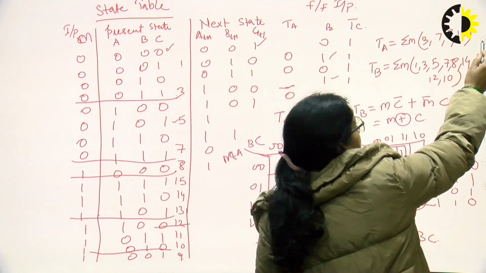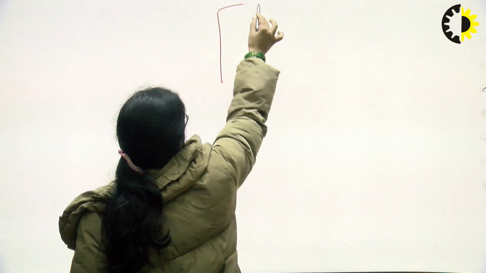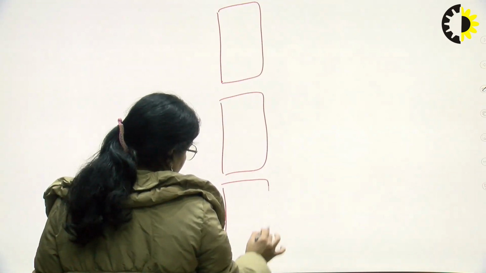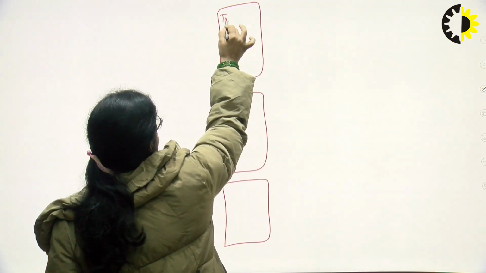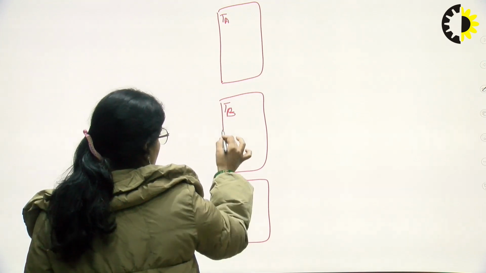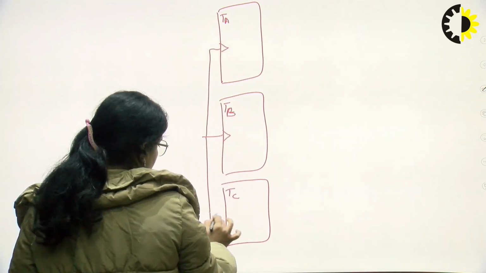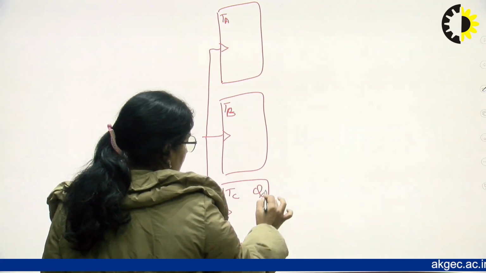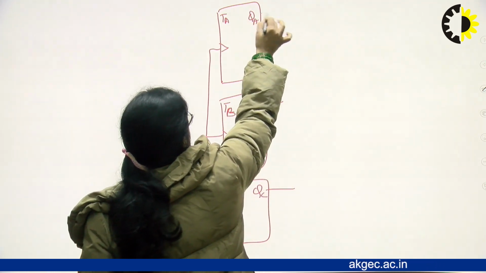Now if we draw the diagram it will be 3 flip-flops, TB, TA, TC, all are synchronized in nature. So we have same clock, QC, QB and QA are the output.